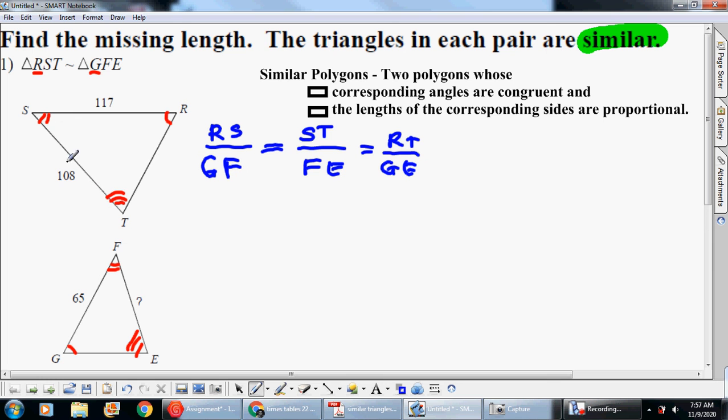Okay, and this was going to help me solve the problem because they gave me the sides or they're looking for the side. So RS means what is the length from R to S? What is the length from here to here? That'll be 117.